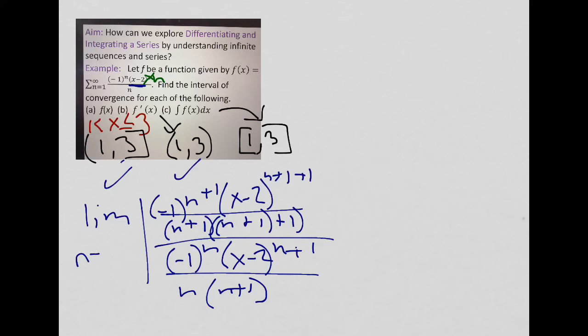So we want this limit as n approaches infinity. Let's simplify this, and that way we can finish our ratio test.